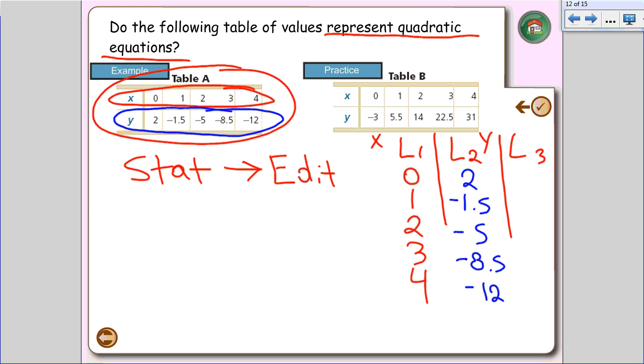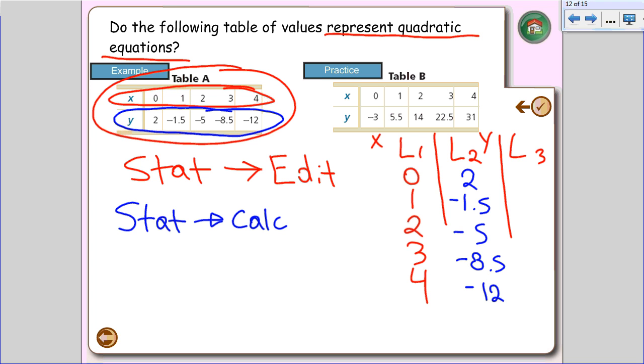Now, once you've done that, click stat again. Takes you back to that list. Go over to Calc. So click the right arrow and go Calc. And then you want to do something called a quad regression.